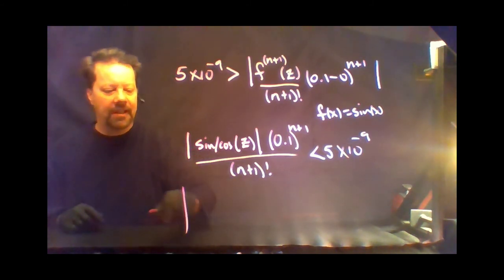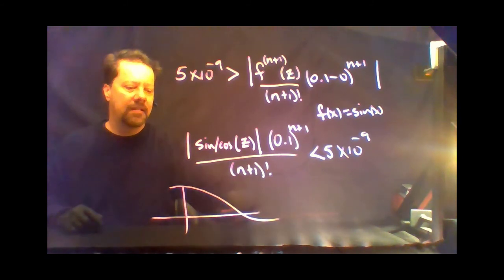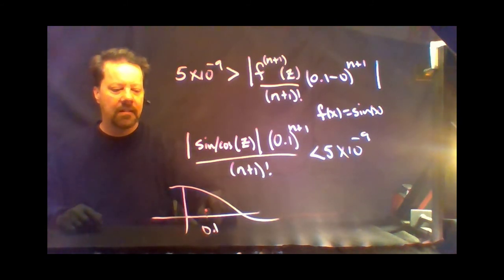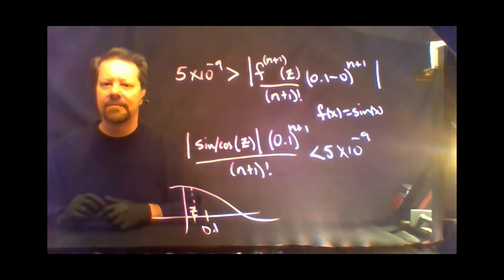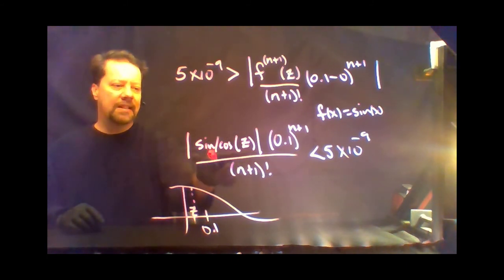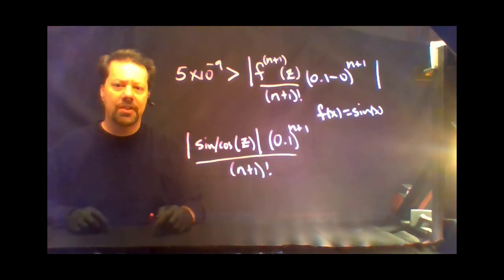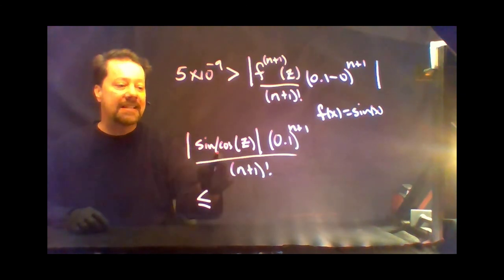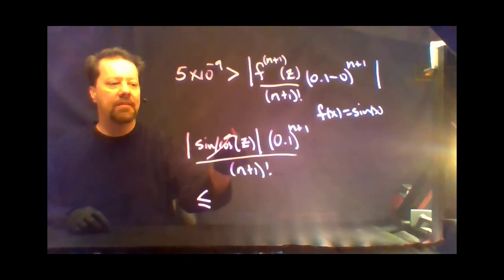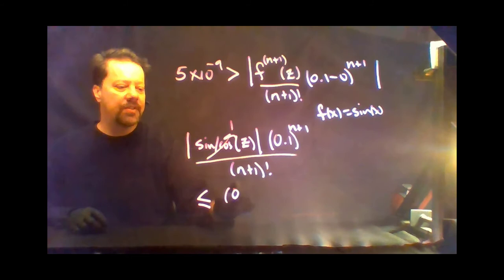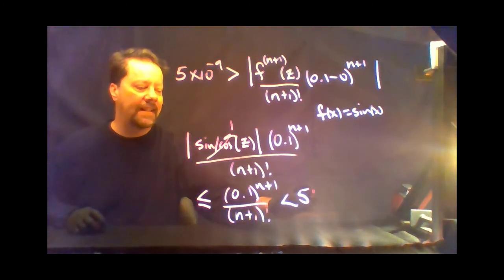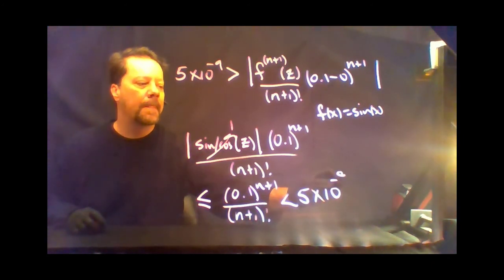The thing about this cosine function is between 0 and 0.1, the function has values that are pretty close to 1. Since we're dealing with this in absolute value, just to be safe, we'll use the biggest this can be, which is 1, times 0.1 to the n plus 1 over n plus 1 factorial, and we'll have that less than our tolerance for error.